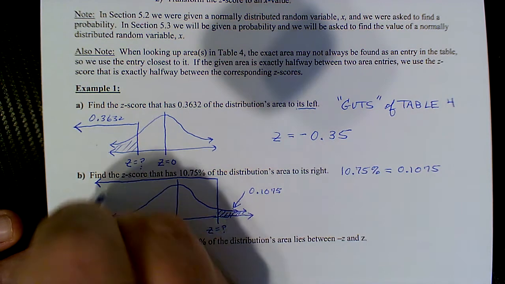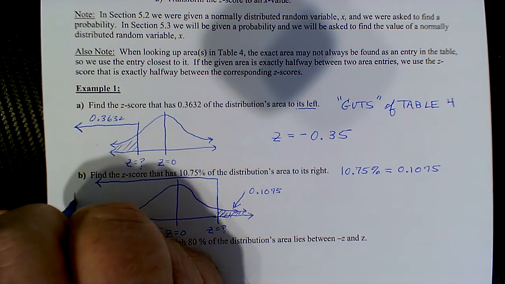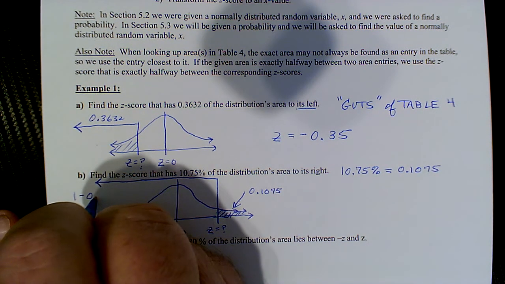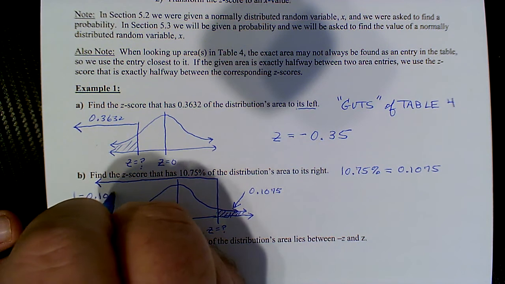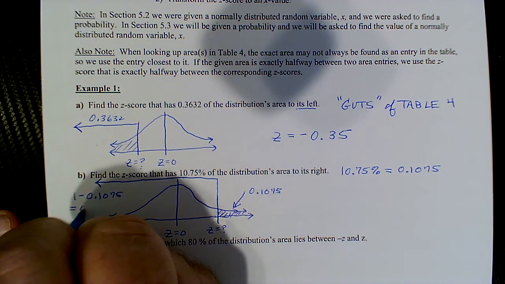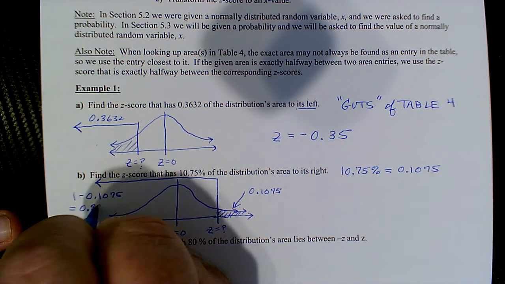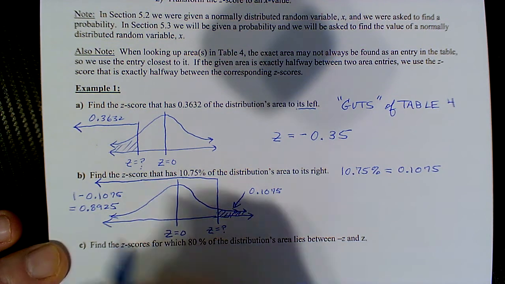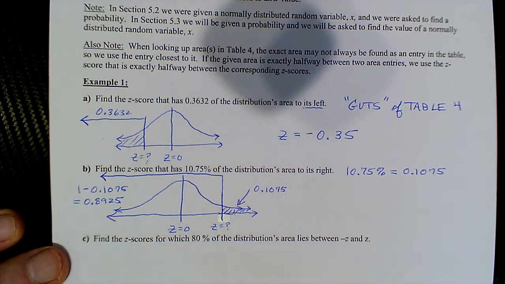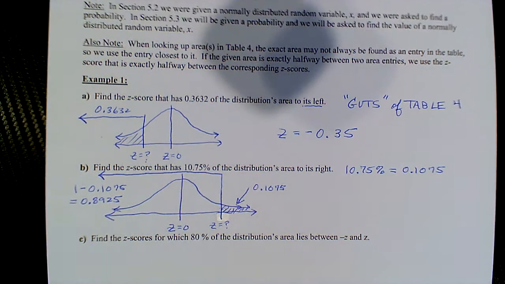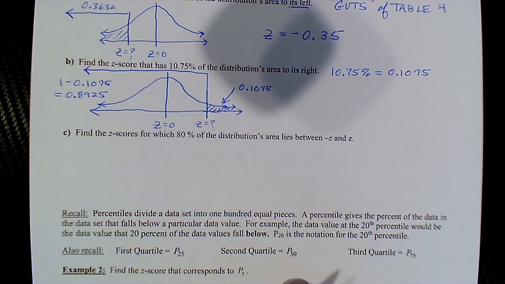So therefore, the area to the left of that is the complement, 1 minus 0.1075, or 0.8925. So now we want to look up 0.8925 in the guts of table 4.